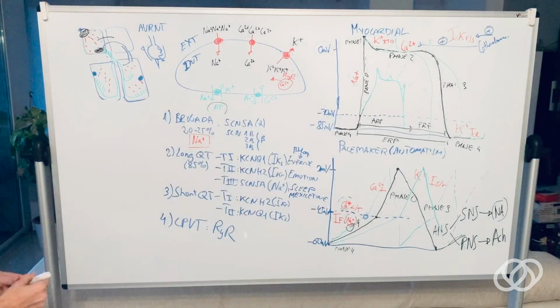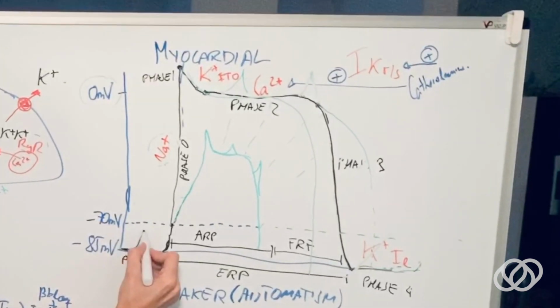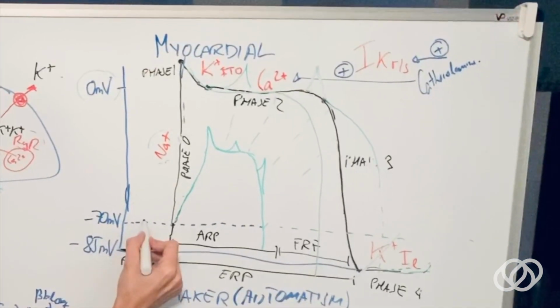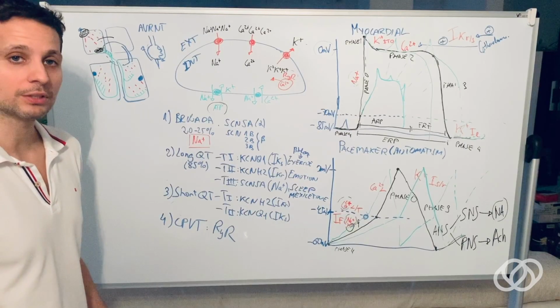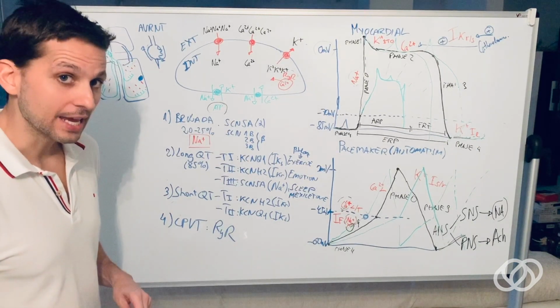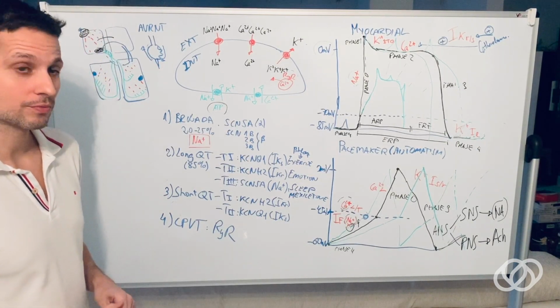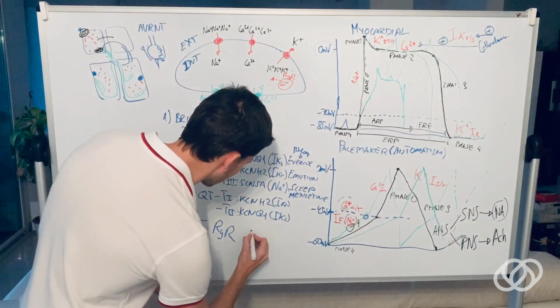So, as we know, calcium will be released during this phase 4. And if we reach the threshold, we are going to have after depolarization. In that case, usually delayed after depolarization.